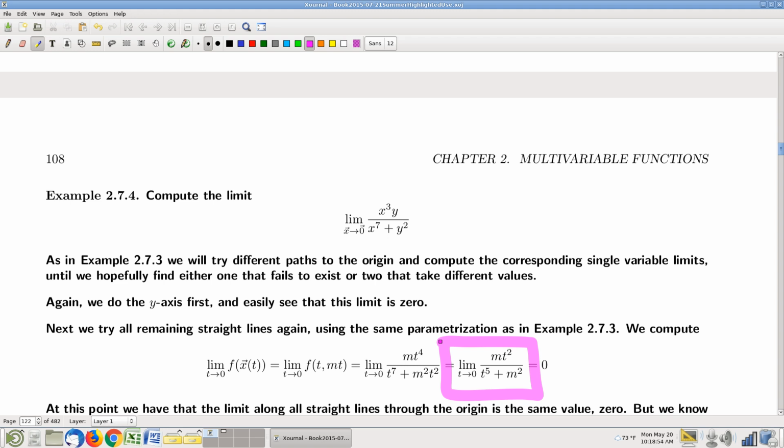Another flashback to Calc 1, single variable limits. A limit of a fraction is a fraction of individual limits. Be very careful, not always. Only if both the numerator and denominator individual limits exist and the denominator limit cannot be 0.